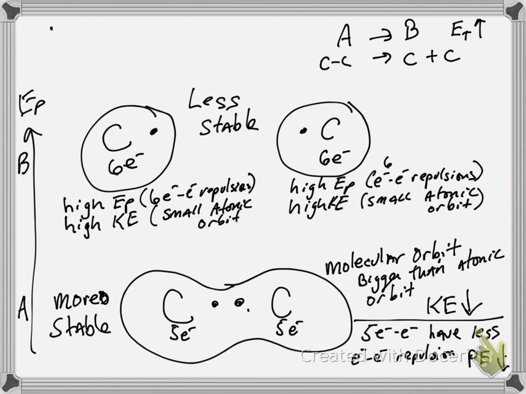If we're going from B to A, meaning we're making a bond, C plus C atom making C-C bond, then total energy goes down. That releases energy. So making a bond releases energy, breaking a bond requires energy. We went through this in office hours in great detail, using both potential energy and kinetic energy arguments. Okay, so this is all the topics that were covered in Unit 2, Module 2 during office hours.